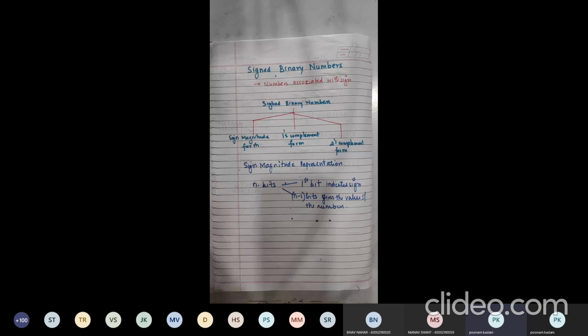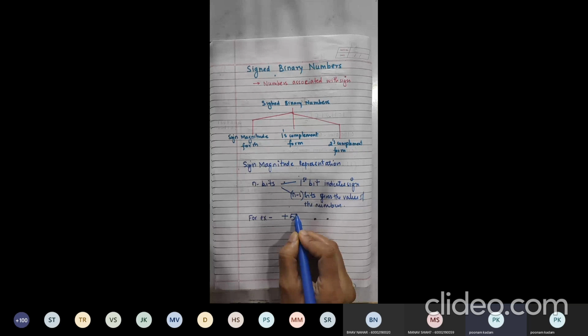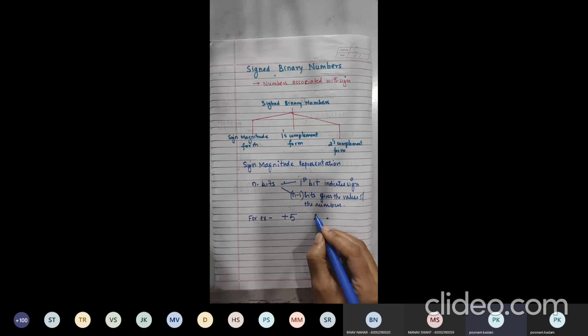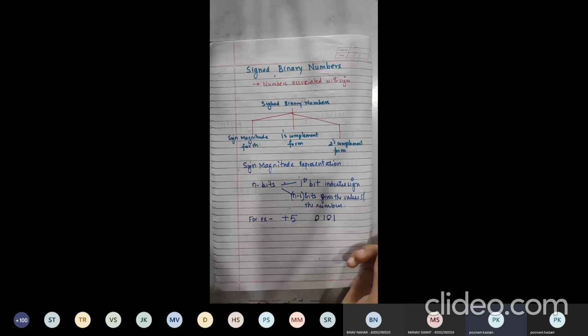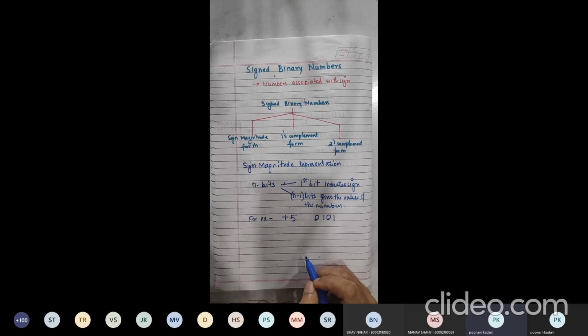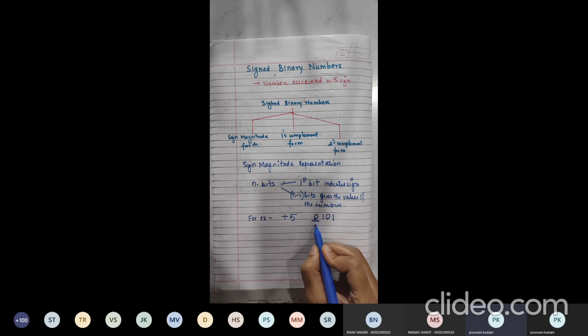As an example, +5 in sign magnitude form will be 0, 1, 0, 1. The first bit, that is the MSB bit, is 0.